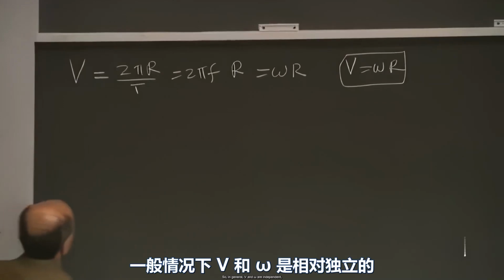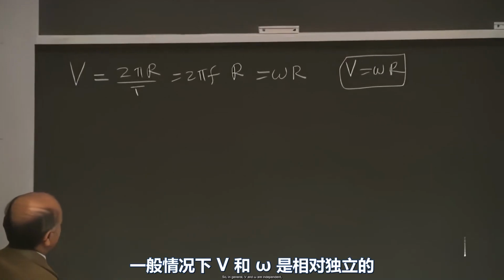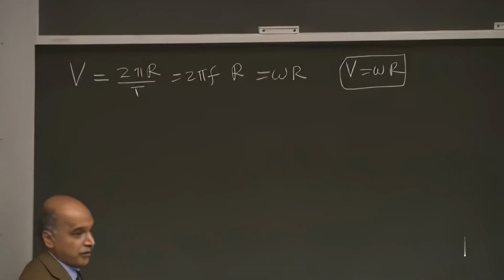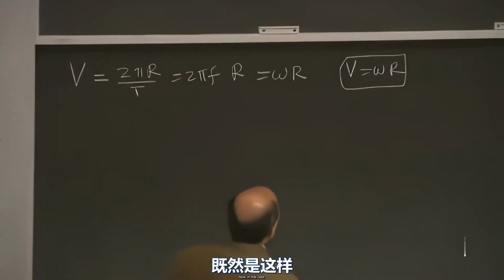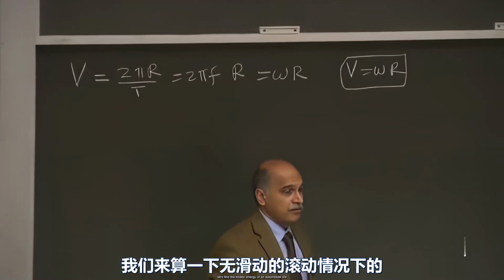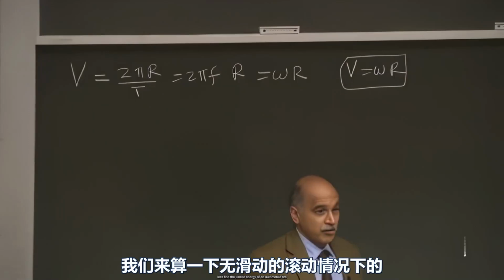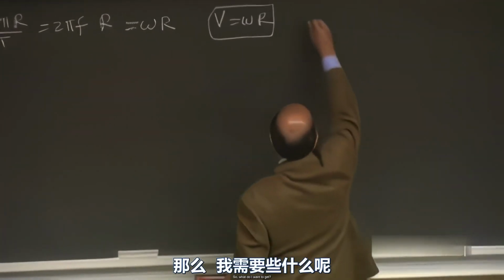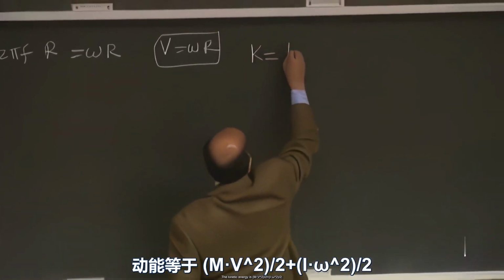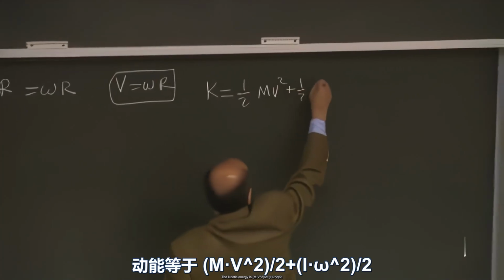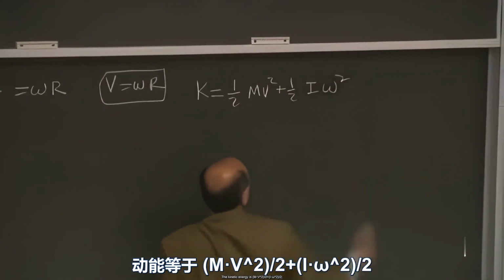All right? So in general, v and omega are independent, but rolling without slipping refers to a particular situation. Now, in that case, let's find the kinetic energy of an automobile tire that's rolling without slipping. So what do I want to get? The kinetic energy is 1/2 m v squared plus 1/2 I omega squared.